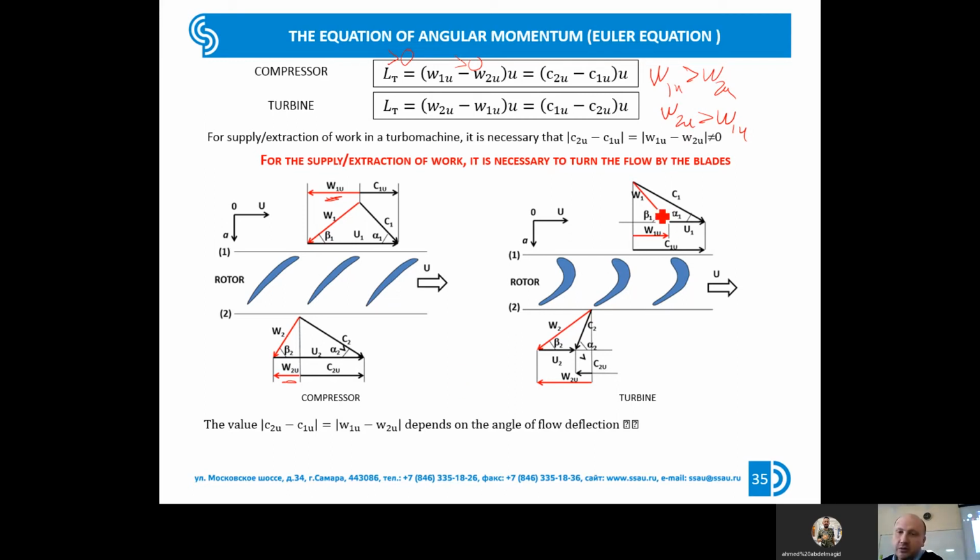And if we look at these vectors, we could receive such a relationship between the projections of the velocity if we provide beta 1 more than beta 2. In this case, W2U will be more than W1U. So, the final conclusion of this slide: for the compressor, beta 1 will be less than beta 2, and in the turbine the opposite picture.